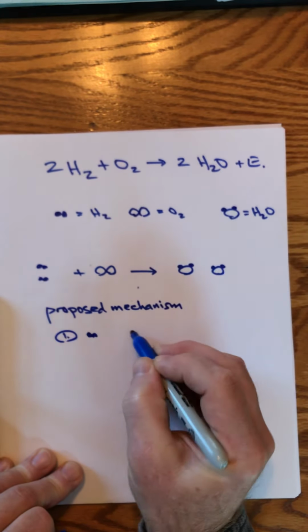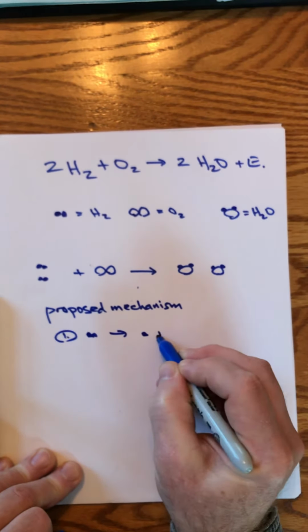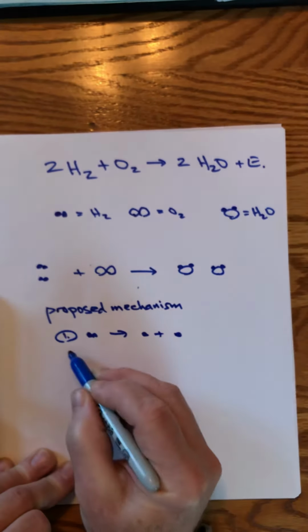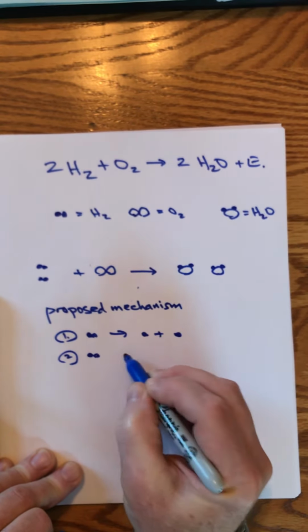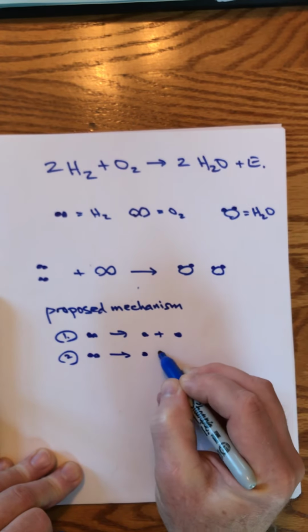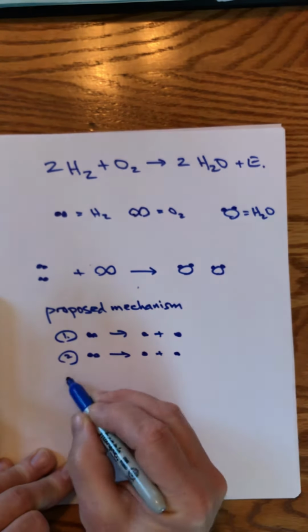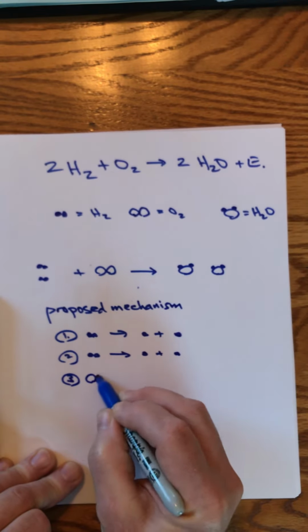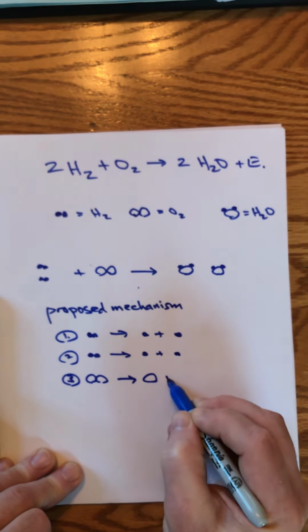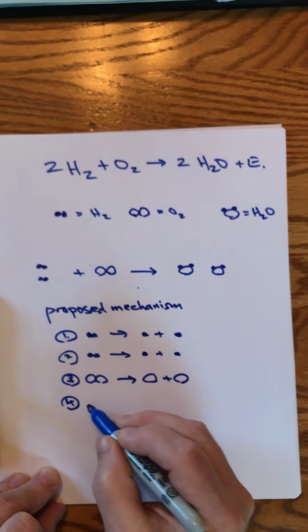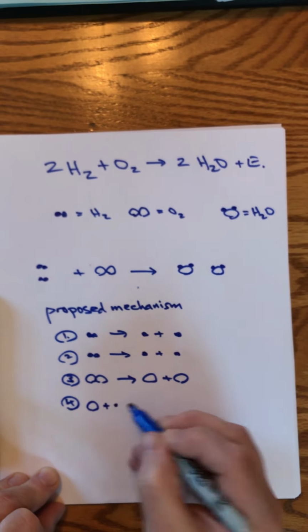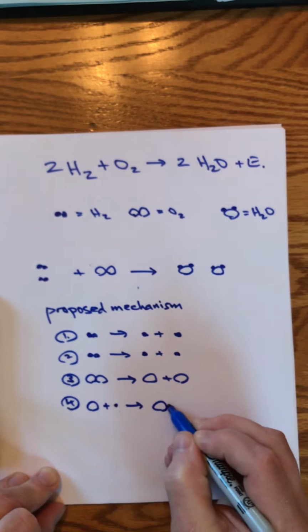So maybe my first step is to break apart a hydrogen. And my second step, I'm going to break apart the other hydrogen. My third step, I'm going to break apart the oxygen. My fourth step, I'm going to take one of my oxygens and combine it with my hydrogen.